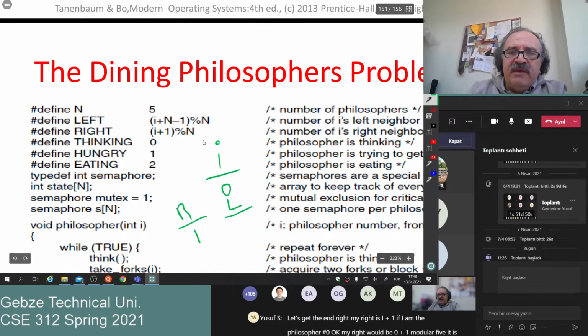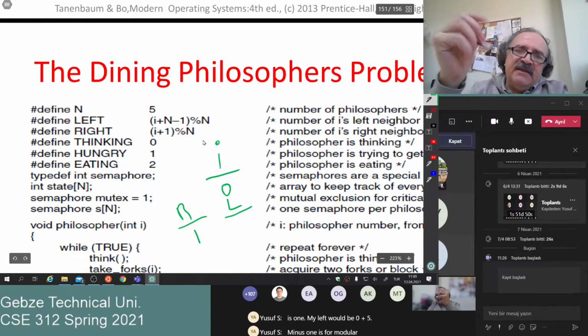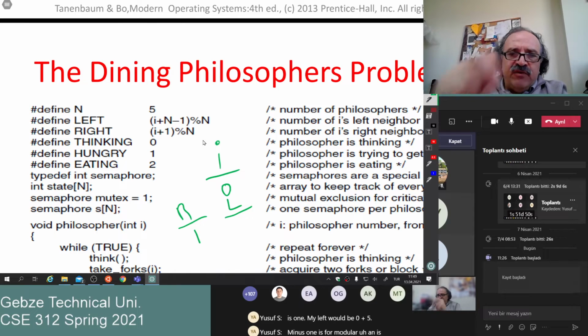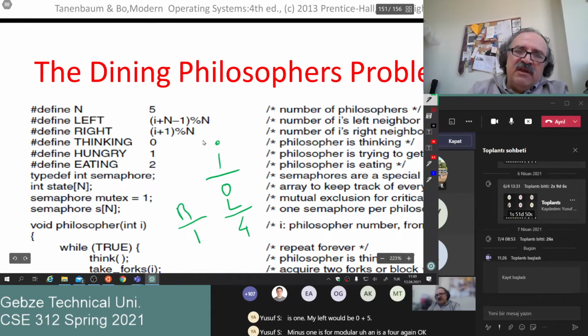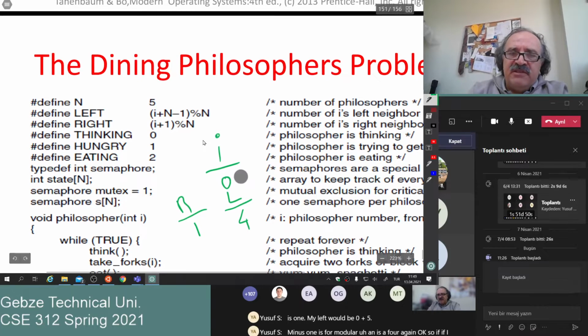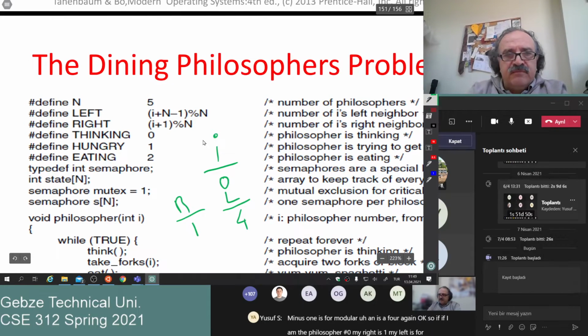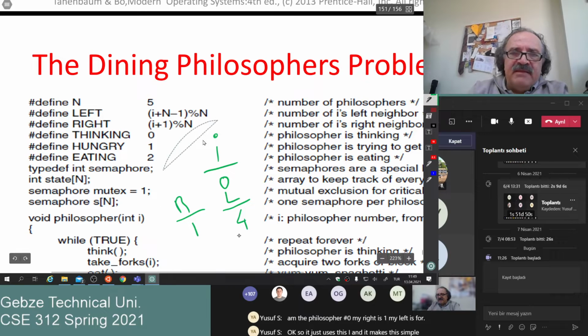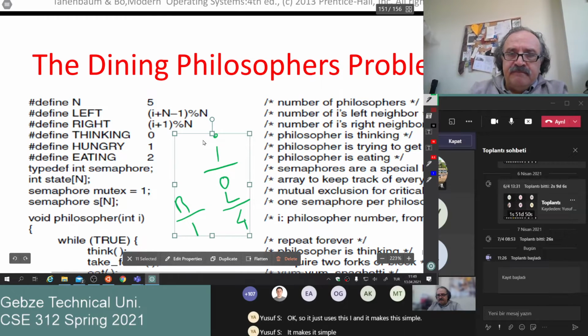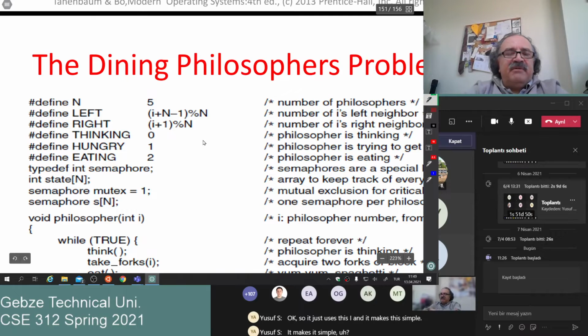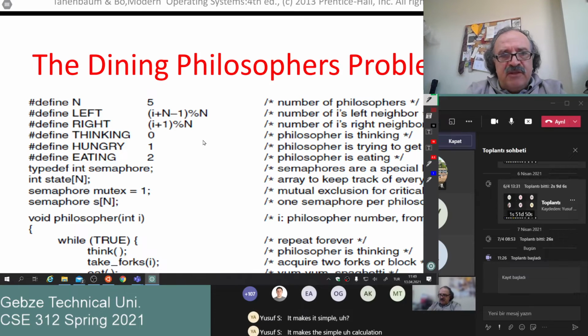My left would be 0 plus 5 minus 1, which is 4, modulo n is 4 again. So if I am philosopher number 0, my right is 1 and my left is 4. It just uses this I, and it makes a simple modular based calculation.